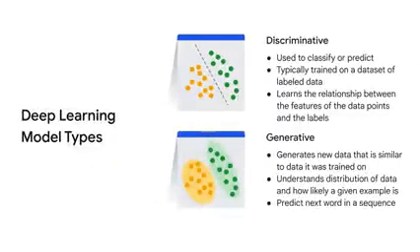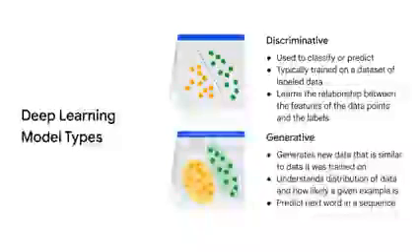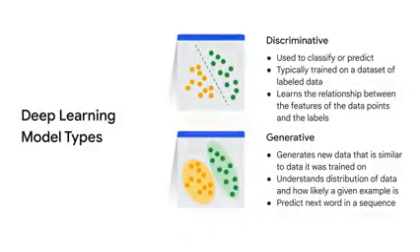Deep learning models, or machine learning models in general, can be divided into two types: generative and discriminative. A discriminative model is a type of model that is used to classify or predict labels for data points. Discriminative models are typically trained on a data set of labeled data points, and they learn the relationship between the features of the data points and the labels.